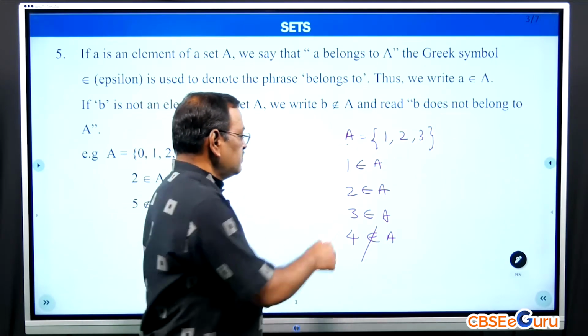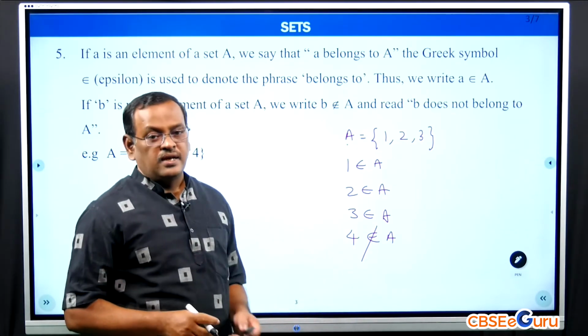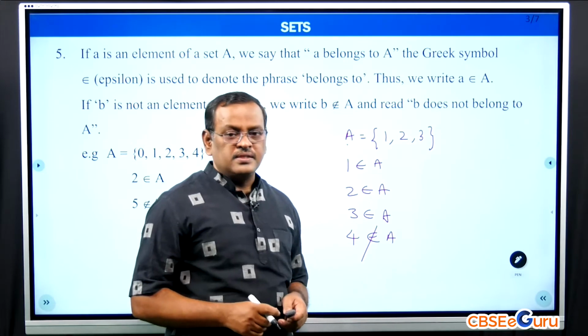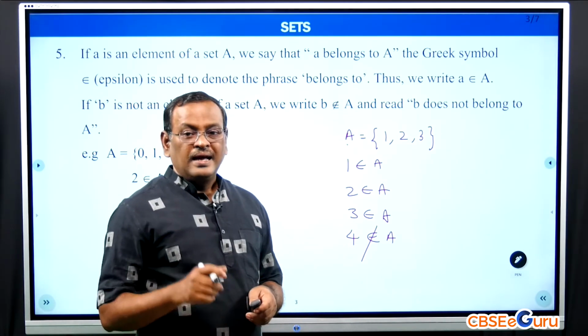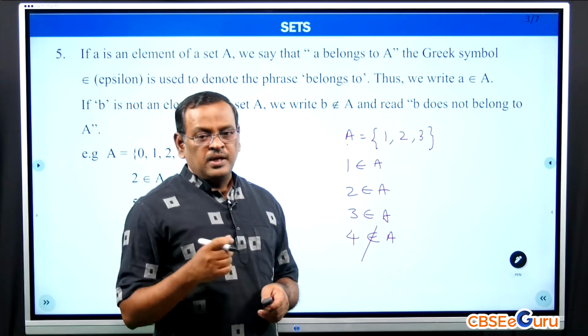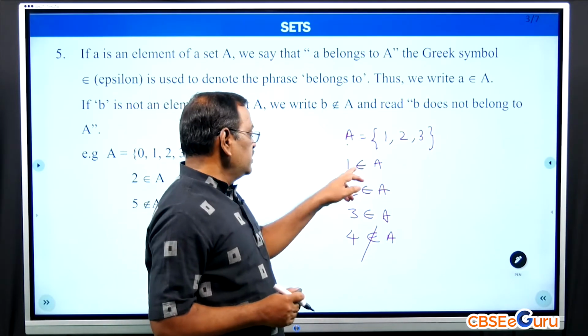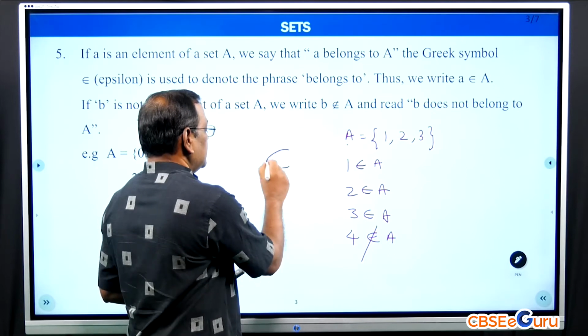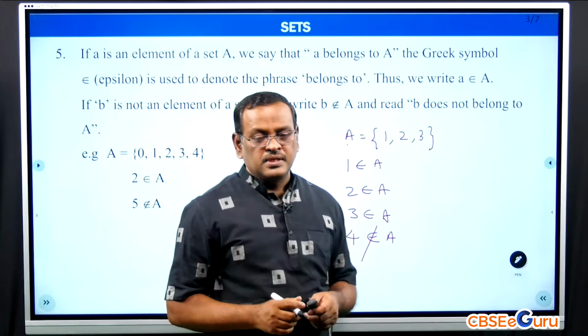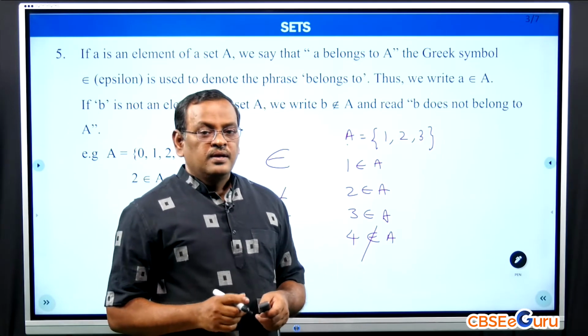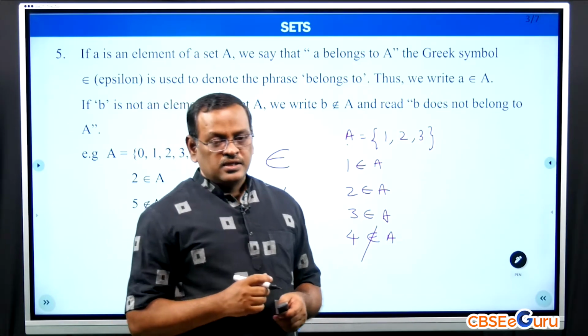The name of this Greek symbol is epsilon. The purpose of epsilon is belongs to. We can use this epsilon symbol only for an element. If an element belongs to that set, you can use this epsilon symbol, and this one is does not belong to. This is the purpose of the Greek symbol epsilon and does not belong to.